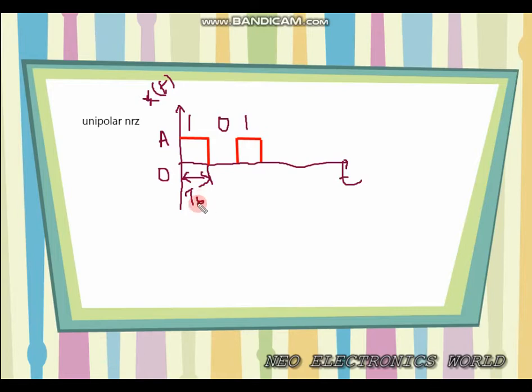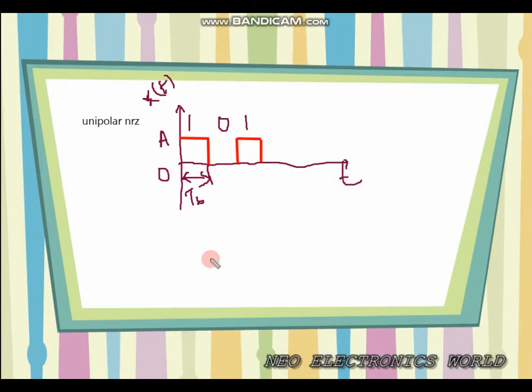So the amplitude is A if t is in between 0 and TB. That is, if the time interval is TB, then for 1 the amplitude is A and for 0 the amplitude is 0. Nothing else.